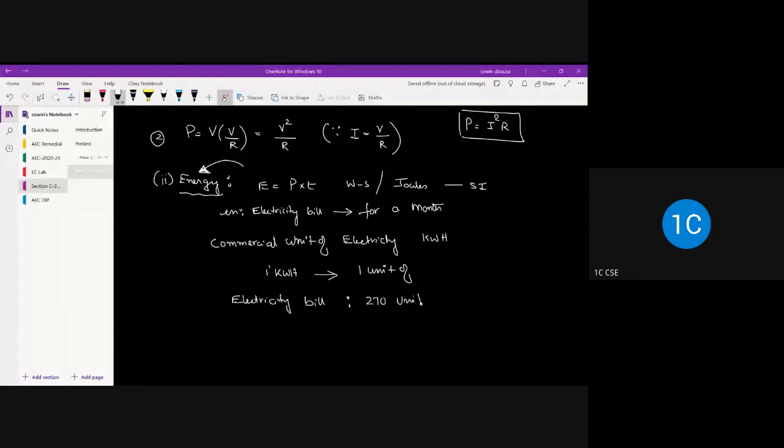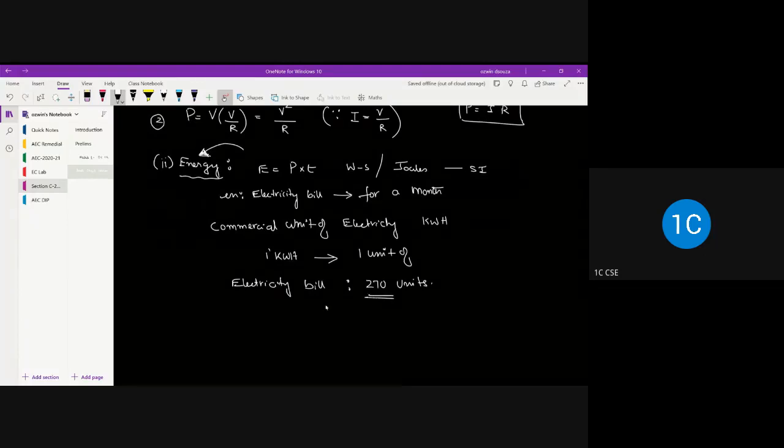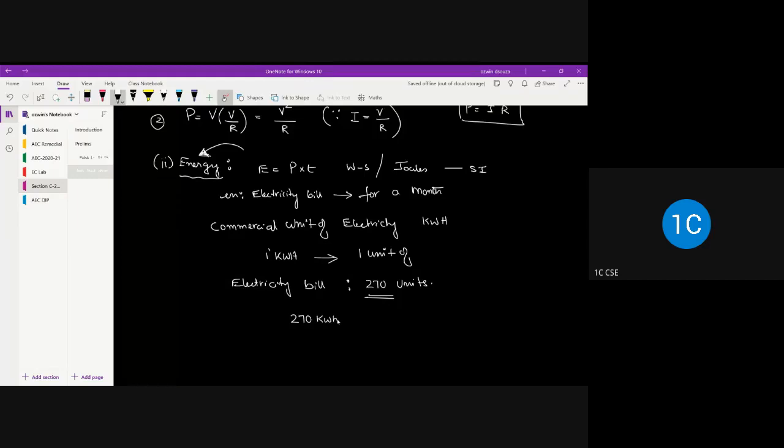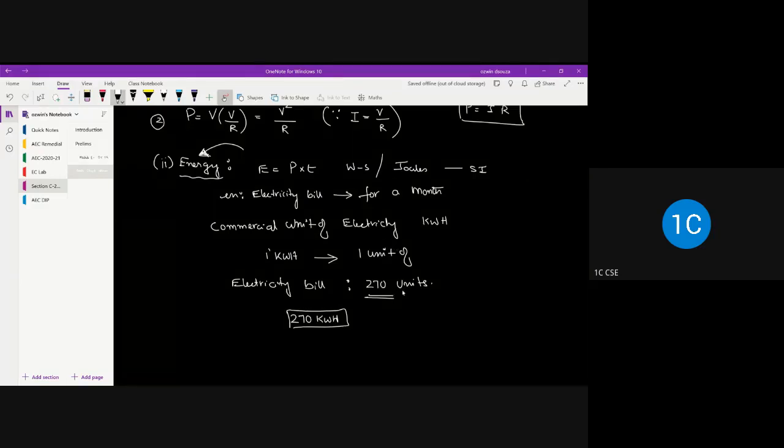If you just take one electricity bill and inspect closely, there will be something like 270 units, 100 units, etc. That means you have consumed 270 kilowatt hours of energy, because 1 unit is 1 kilowatt hour. So 270 units is 270 kilowatt hours.